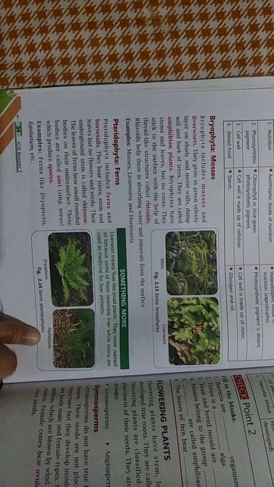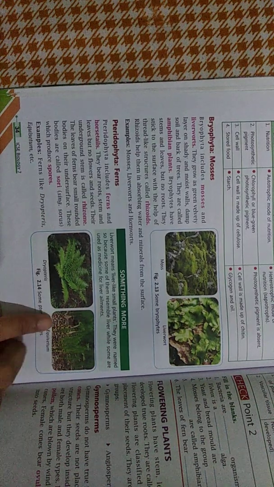Pteridophytes have two examples, the Bryopteris and the Equisetum. In the picture of the Bryopteris, you can see the leaves are like a fan, so they are the ferns. The second one is the horsetail, which is also called Equisetum. This Equisetum looks like the tail of a horse, that is why it is called horsetail.